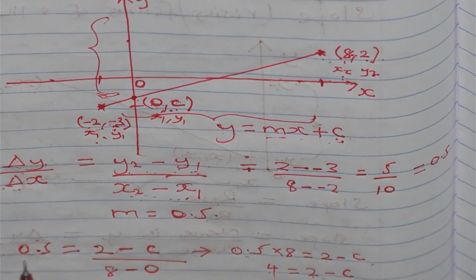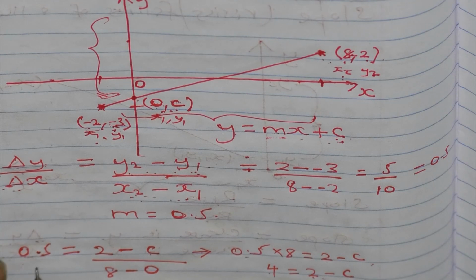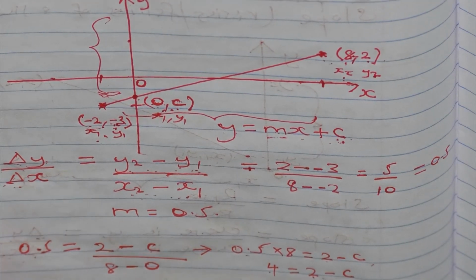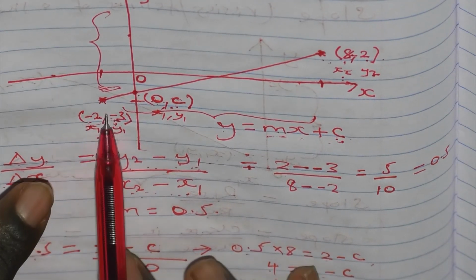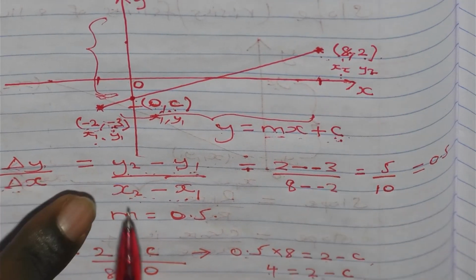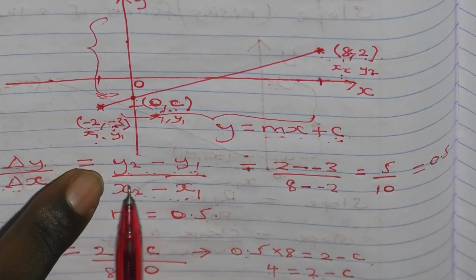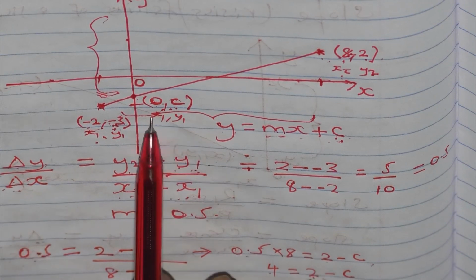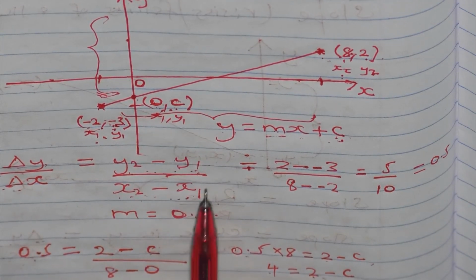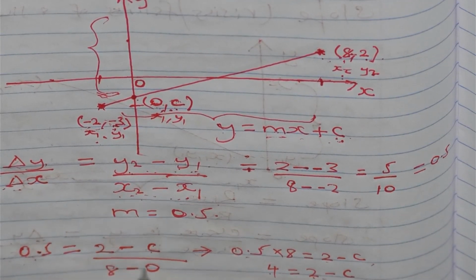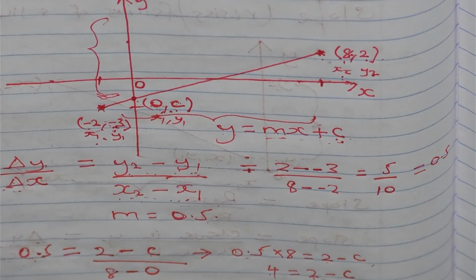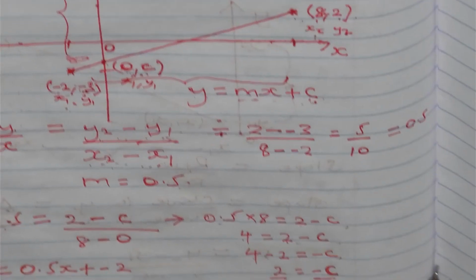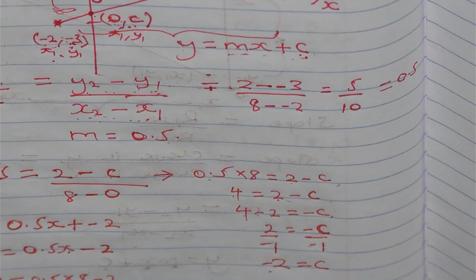So you just feed into the equation. You have the m already. You take one point, either it's this one or this one, to be your y2 and x2, and then you feed in the 0 and c as your y1 and x1. And then from there, once you do the calculation, you're going to get your c.